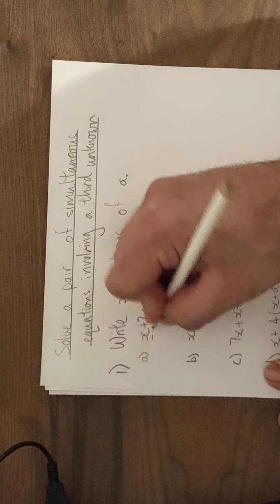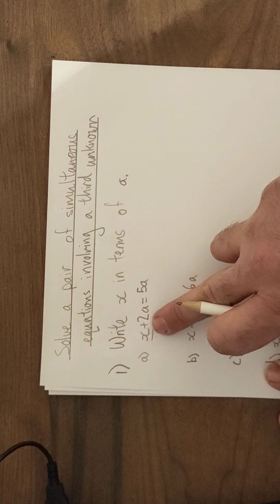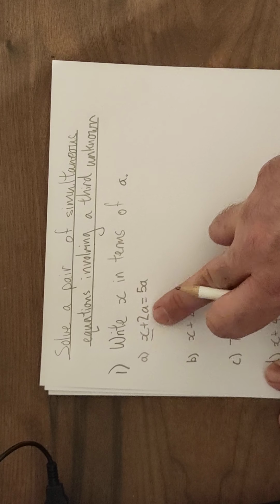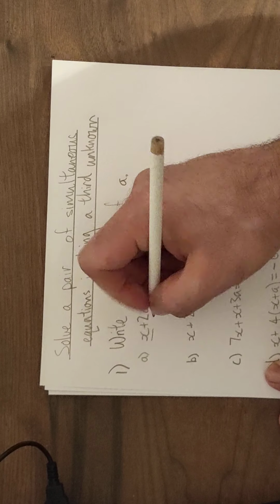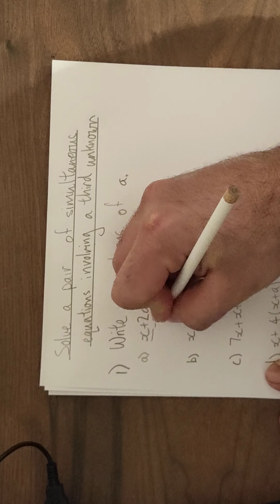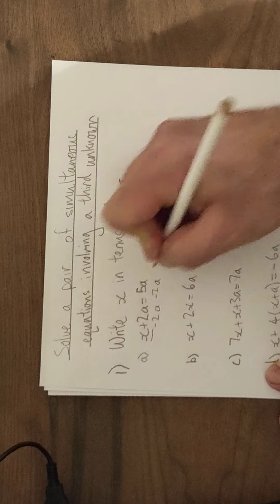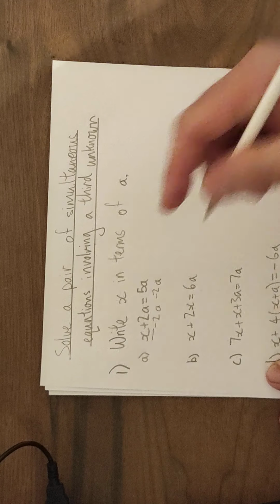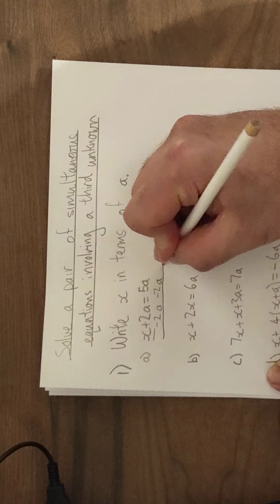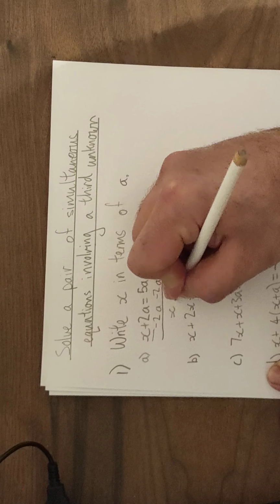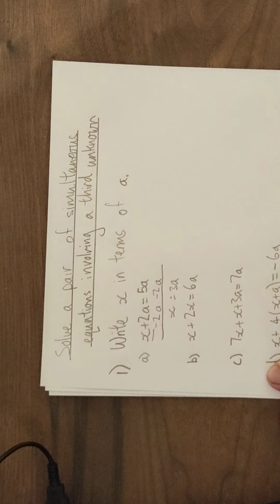If this needs to be on its own, I need to do the inverse to get rid of plus 2a. So I'm going to take away 2a from both sides. Now that's going to leave you with x equals 3a.